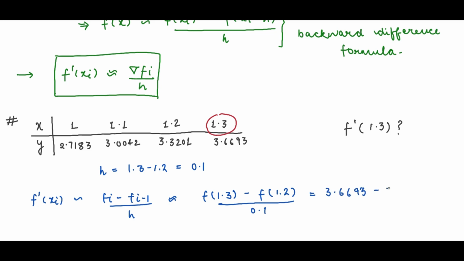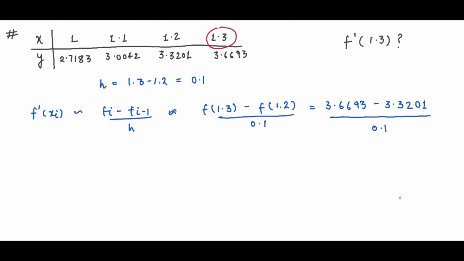Substituting, we get 3.6693 minus 3.3201 divided by 0.1, that is 0.3492 divided by 0.1. Hence we get f dash 1.3 as approximately 3.492, and that's our backward difference approximation.